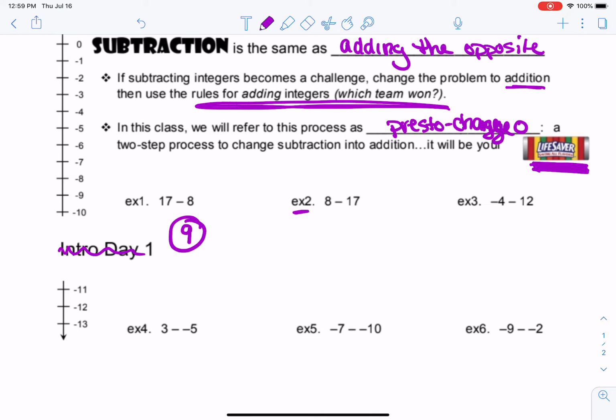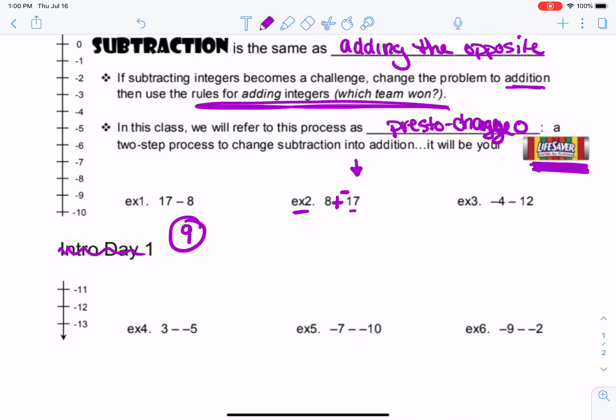Number 2 is where I get a little tricky. Now, my bigger number is towards the back, so I need a little bit of help. I need my lifesaver here to help me solve this problem easier. So I'm going to use presto changeo, where I'm going to change this subtraction sign into addition. But in order to do that, I need to change the second number into the opposite. So instead of a +17, it's now going to become a negative 17.